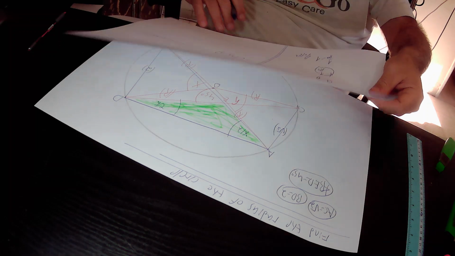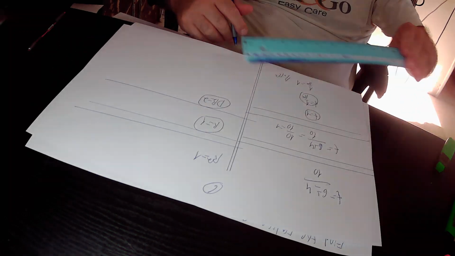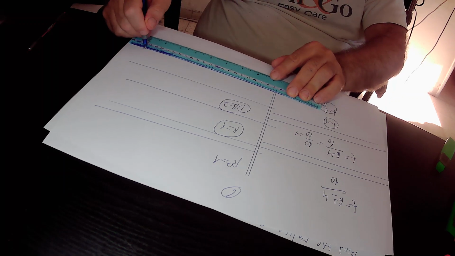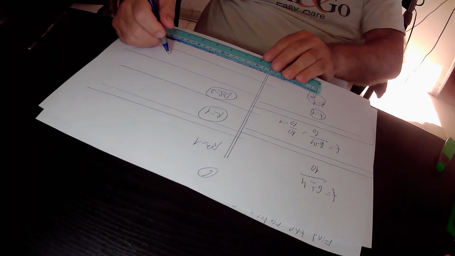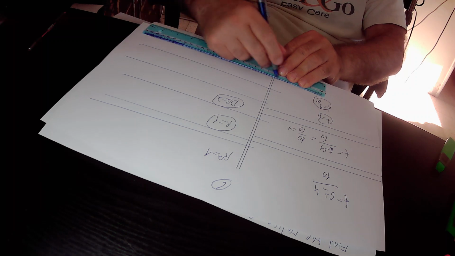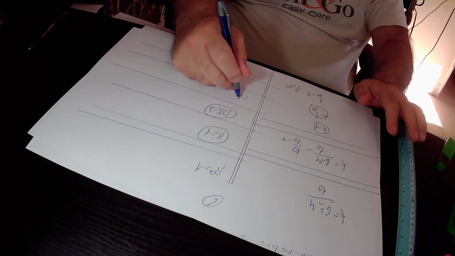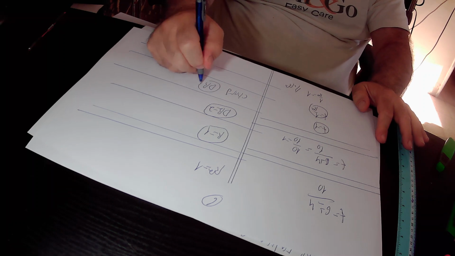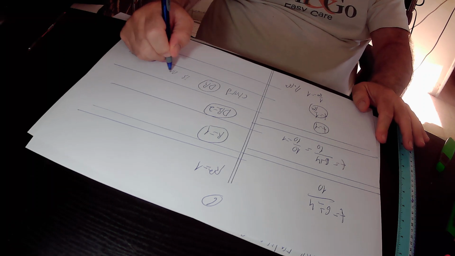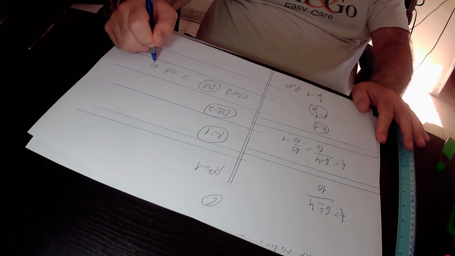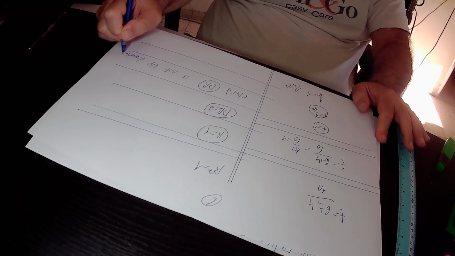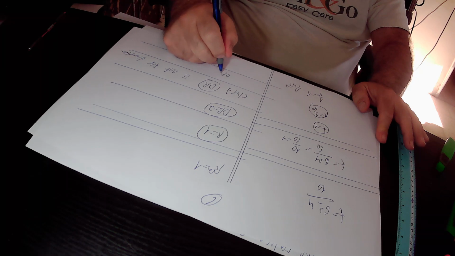So I write it down. From the drawing, it is very easy to see that chord DB is not the diameter of the circle.